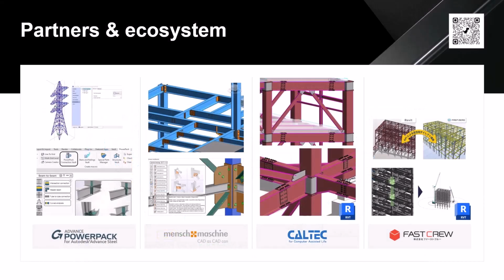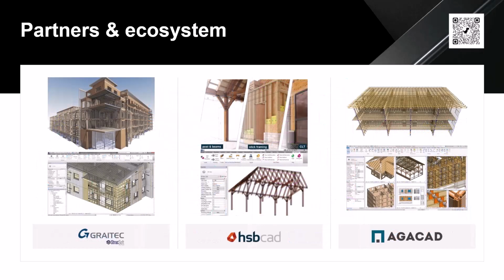Last but not least, I would like to remind you that we are a platform solution company. So we are building products that can be further customized through our partners' offerings. Graitec and Tekla are our partners in providing support and further customization in our Autodesk products. Also, we have partners that provide solutions for the Japanese market, automated connections, and fabrication deliverables out of Revit.